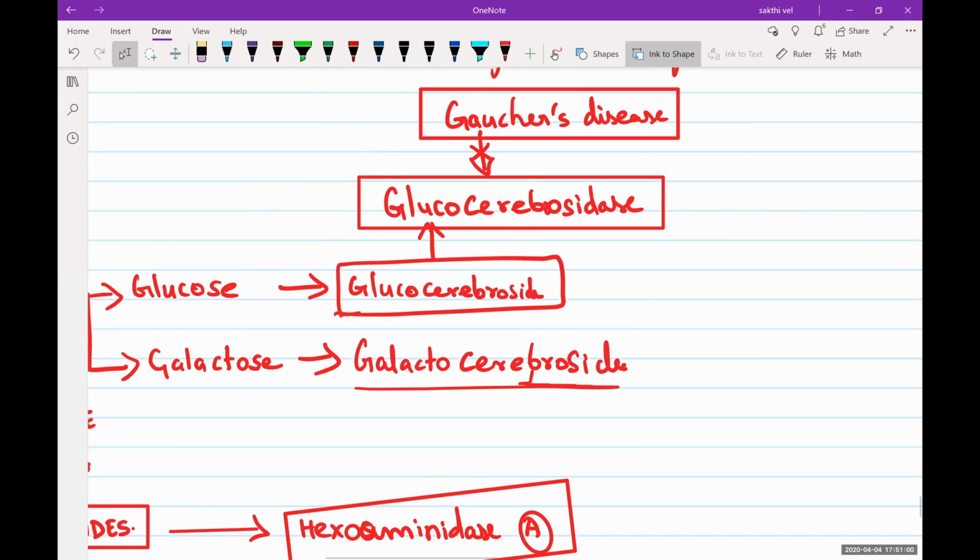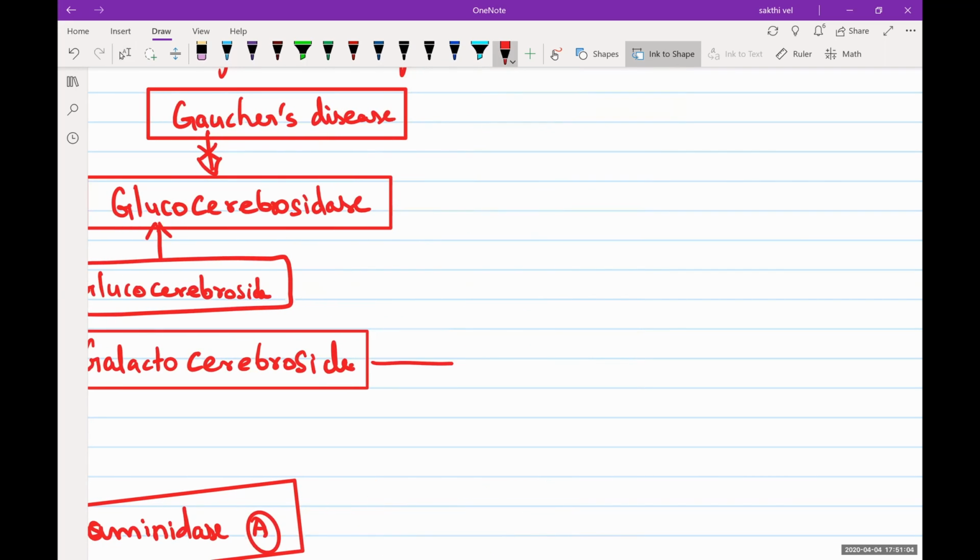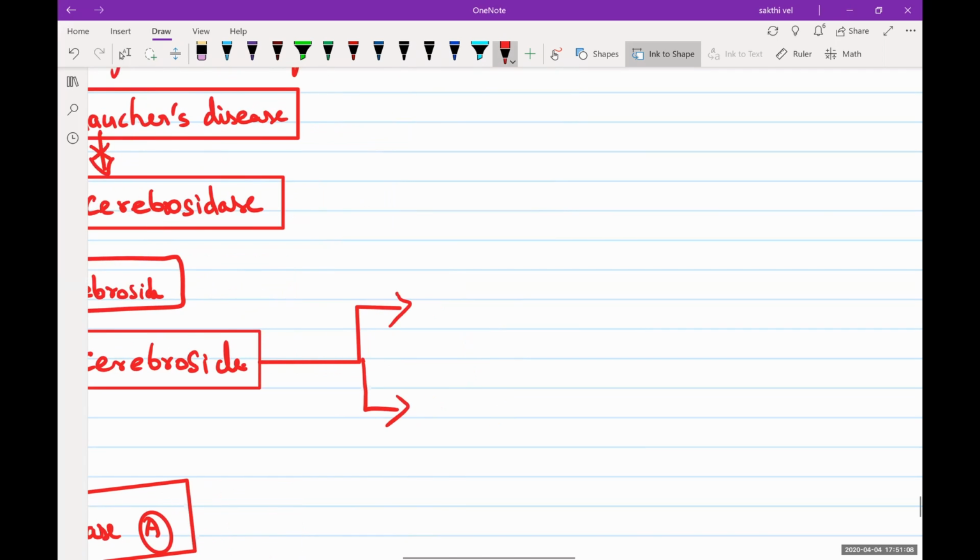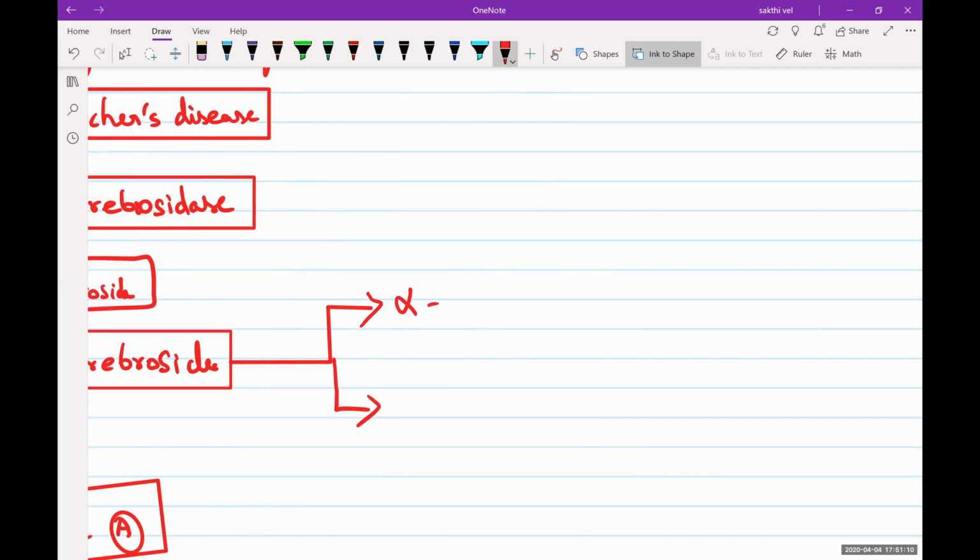And this galactocerebroside can be broken down by two enzymes. One is alpha galactocerebrosidase, another is beta galactocerebrosidase.